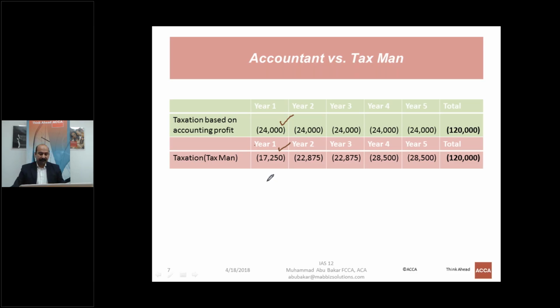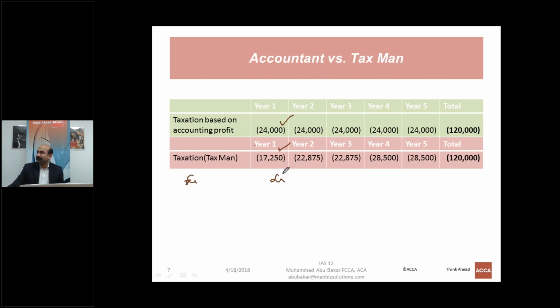For example, if your rent expense is 50,000 and you in fact paid 40,000 to the owner, this means you paid less than your rent expense. So the difference will become your liability, will become your accrual. The same way, the difference between these two is a liability.